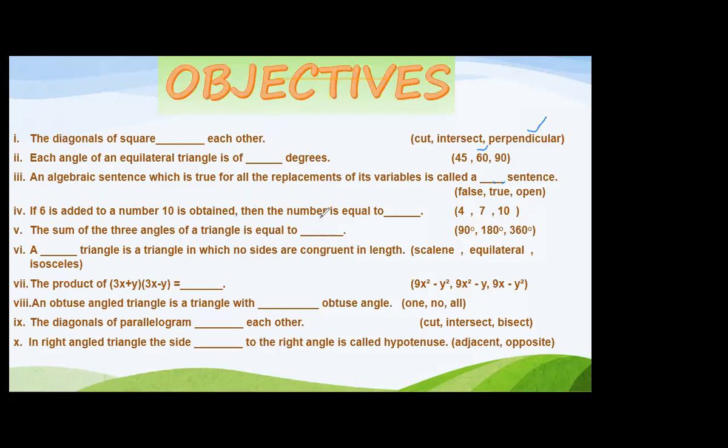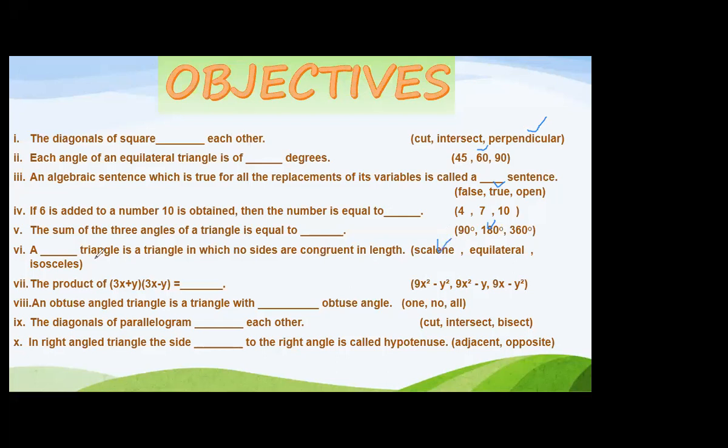A dash triangle is a triangle in which no sides are congruent. Abdullah, unmute yourself. A triangle in which no sides are congruent in length is called what? Scalene. Very good.